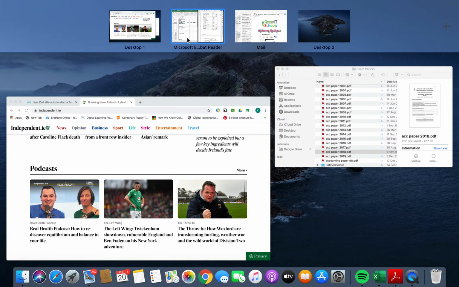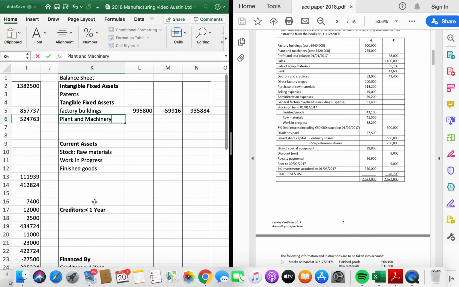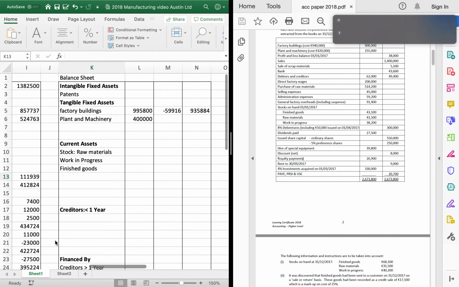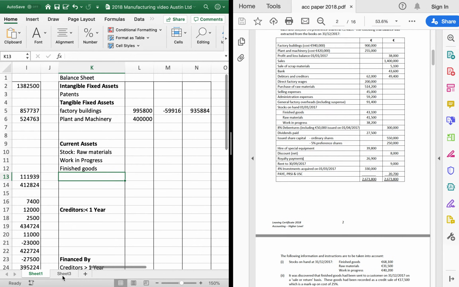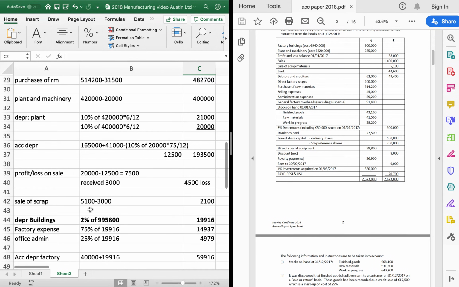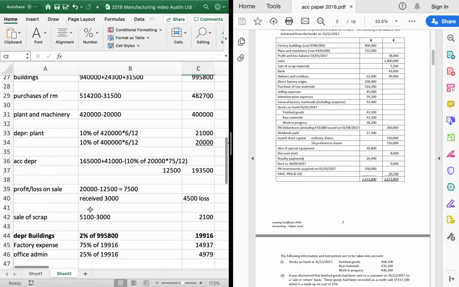Plant and machinery went to 400,000. The accumulated depreciation on the plant and machinery is 193,500.